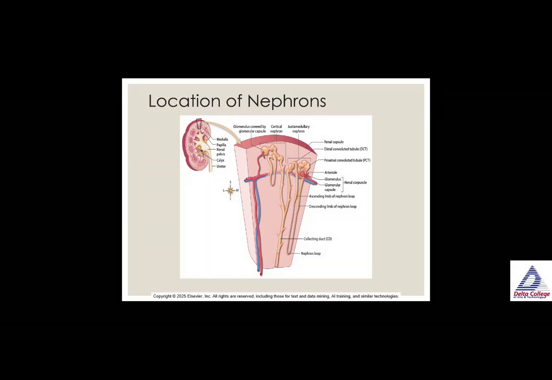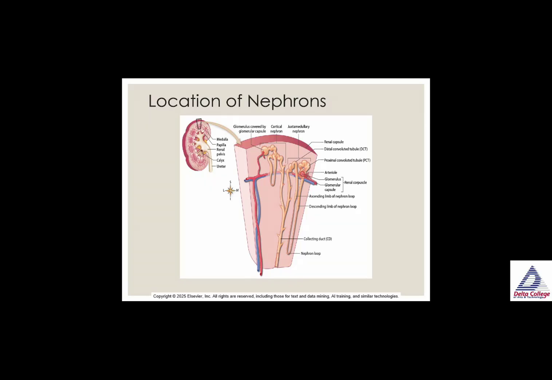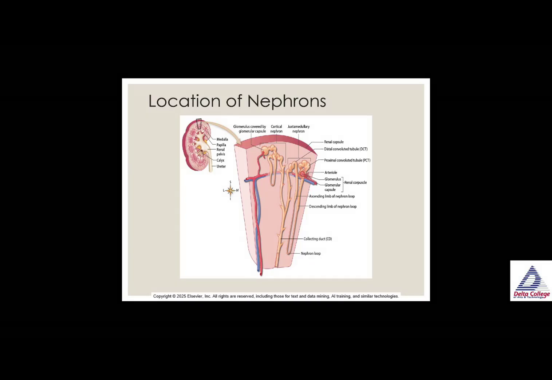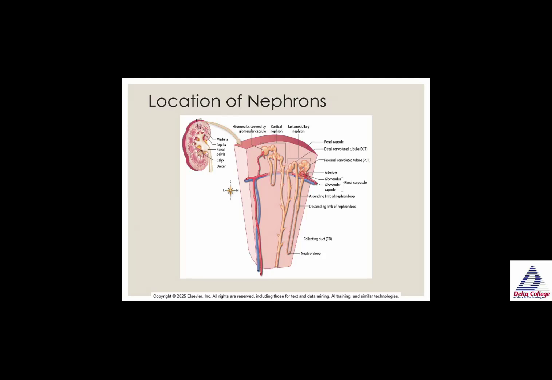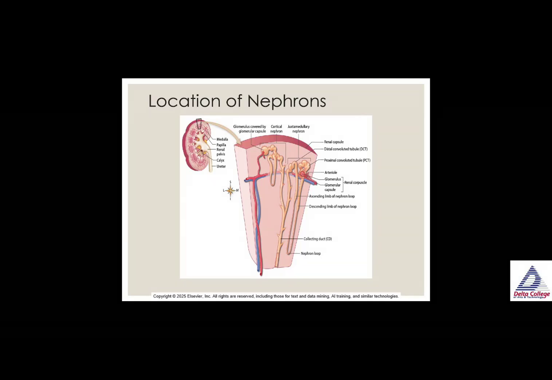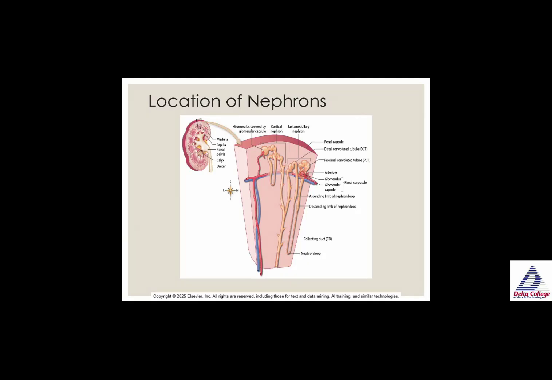And then you can see this proximal convoluted tubule, the PCT, that goes down into the descending loop of the nephron, down in the nephron loop, goes up. You'll see the distal convoluted tubule that goes down into the collecting duct. And there's so many of these in there.